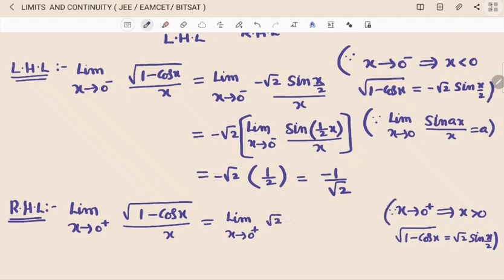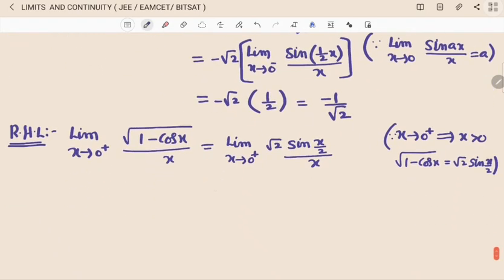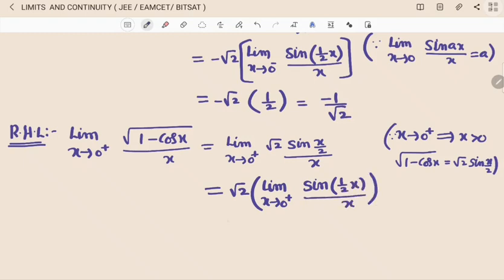So root 2 into sin x by 2 by x. Again by using this formula, limit sin ax by x equal to a. Root 2 into limit x tends to 0 plus sin 1 by 2 x by x, which is equal to root 2 into 1 by 2, which is equal to 1 by root 2.